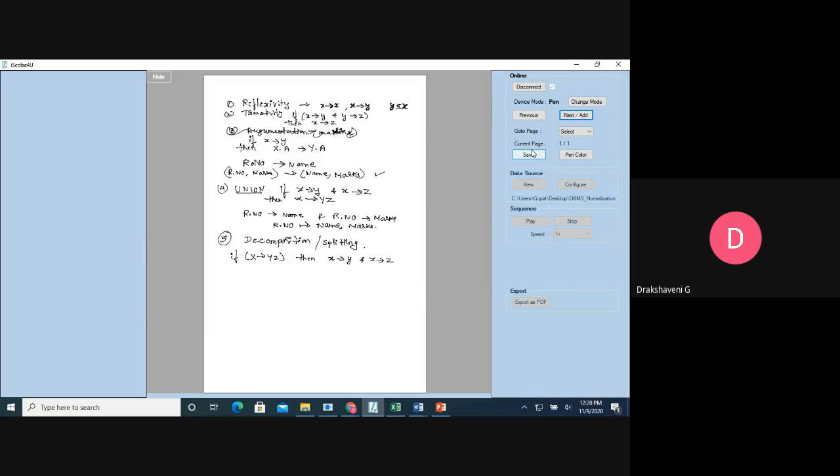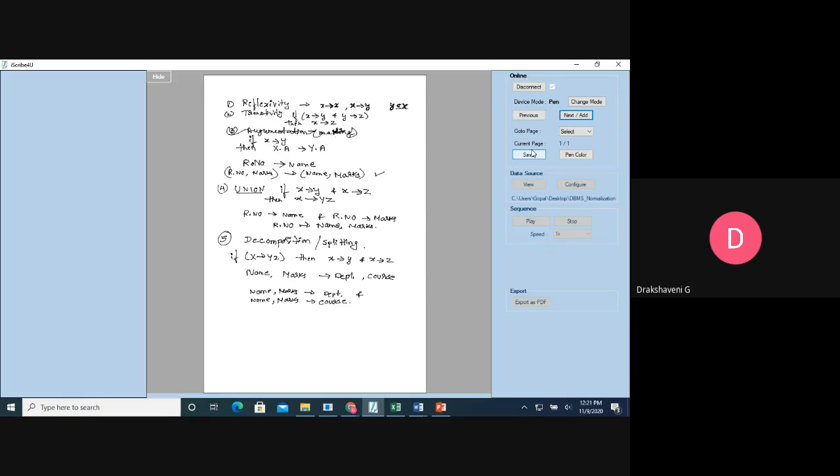Suppose if I say name comma marks is functionally dependent on department comma course, then I can break this as name comma marks is functionally dependent on department and name comma marks functionally dependent on course. This is what we call as decomposition.